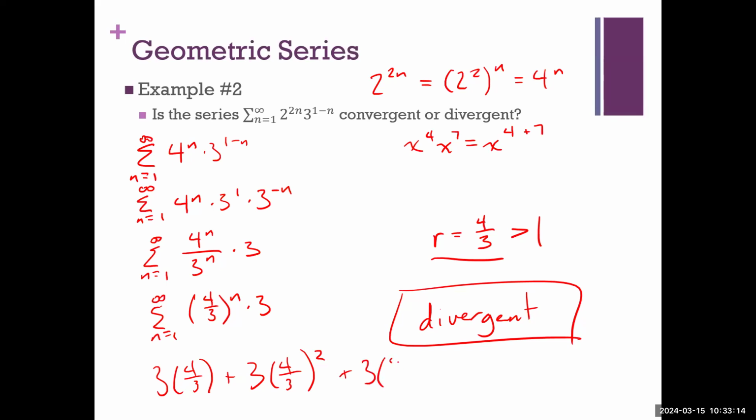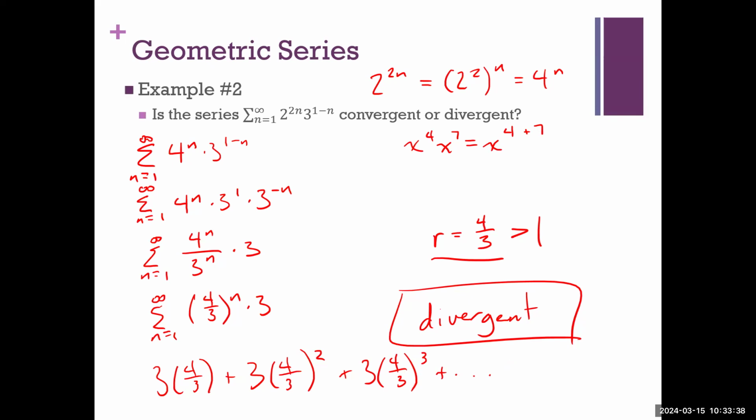Plus 3 times 4/3 cubed, and so on. So I think I gave that advice last time. If you're ever lost at all about these, write out a few terms and see if looking at concrete terms gives you any kind of feeling about what the patterns are going to be, what's going to happen.